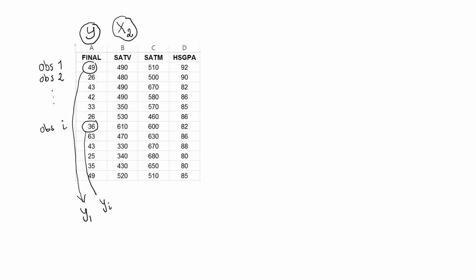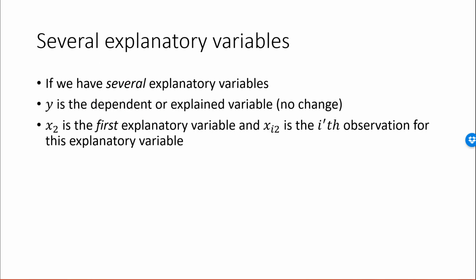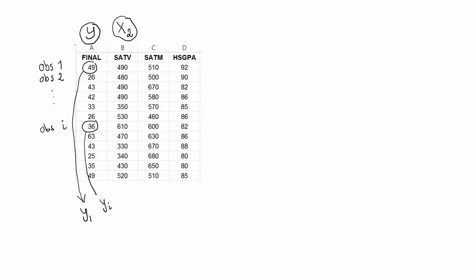We have to do something with the notation for the x variable since we have several of them, and what we do is the following. xi2, we have two subscripts now on the x variable, will denote the ith observation for this first explanatory variable. Note how we always put the student number first and the 2 after that, referencing the first explanatory variable.